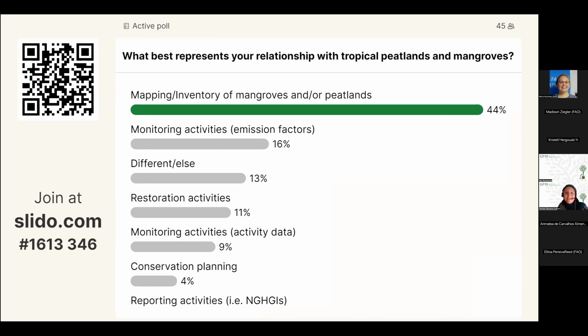This is great, and it's also great to see how these different activities are very much represented in the room. So it's really good to know the interests of you as a whole. Like I said, I will keep these questions open, but in the interest of time, it would be good to go into the agenda itself.